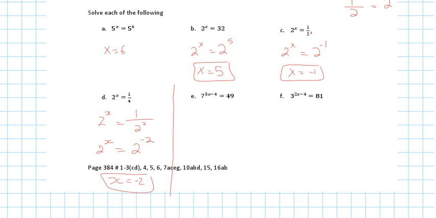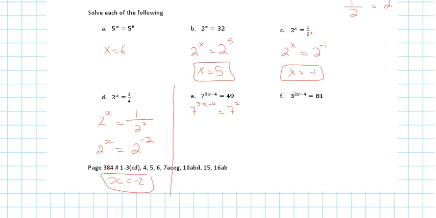How about E? What do I change? 49 as what? 7 to the power of 2. Why do I want it as a base of 7? Because you want the same base, and the left side is a base of 7, right? So now you see that I've changed both sides to the same base.